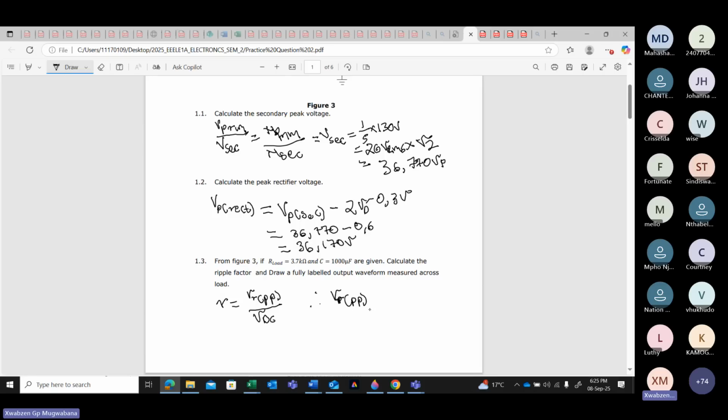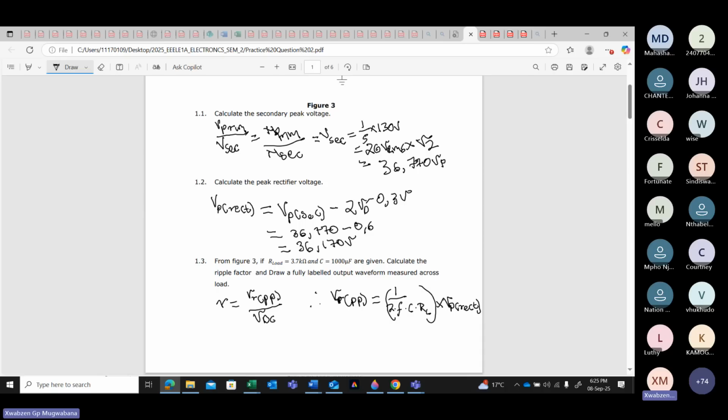How do I determine V ripple peak to peak? You're going to say 1 divided by 2 times the frequency times the capacitance times your load resistor, all of this multiplied by V peak of the rectifier. Don't make that mistake. It must be V peak of the rectifier.